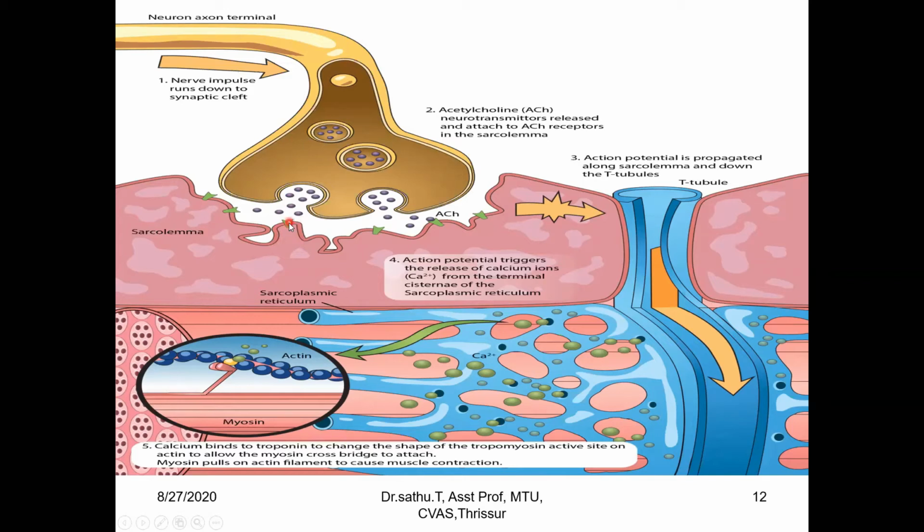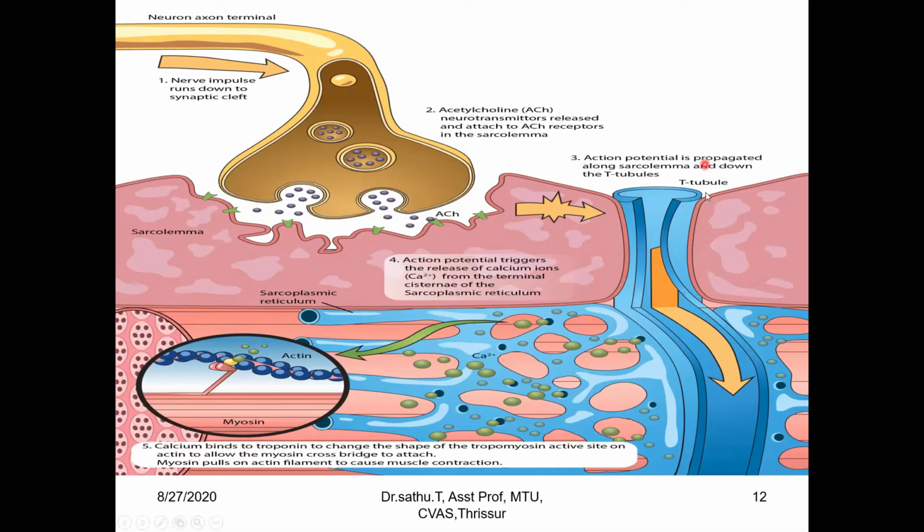These are nicotinic receptors, commonly found in the muscles, and once it binds, the ion channels will open. Once the ion channels are open, the action potential will be created, and being self-propagating, it keeps on moving to the T tubules.